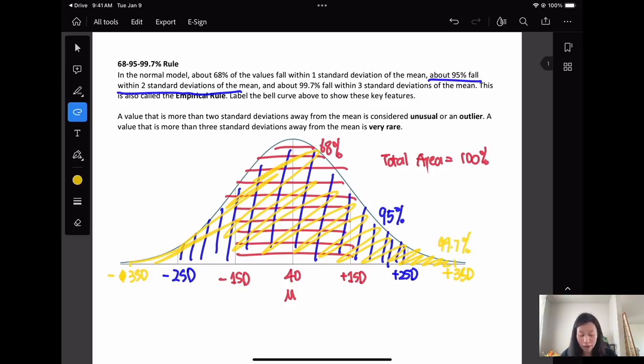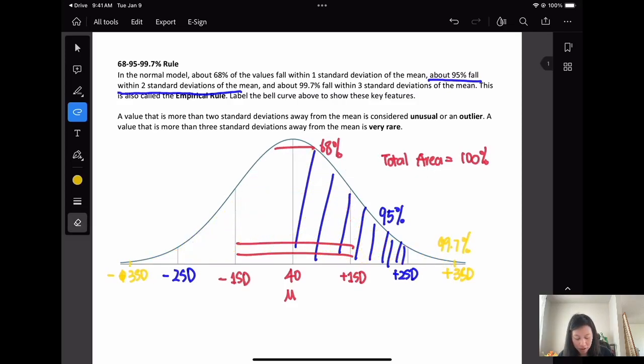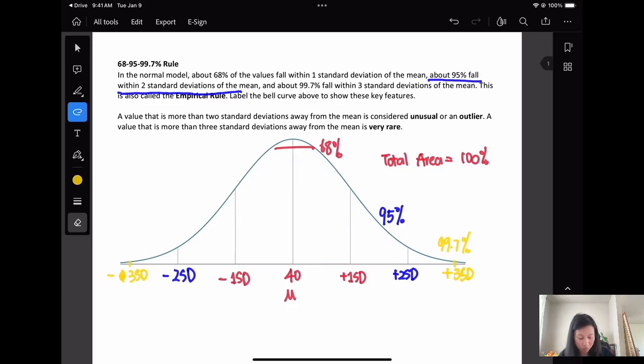Also, a value more than 2 standard deviations away from the mean is considered unusual, or an outlier. Let me show you.